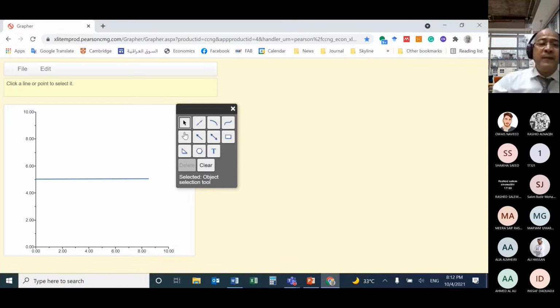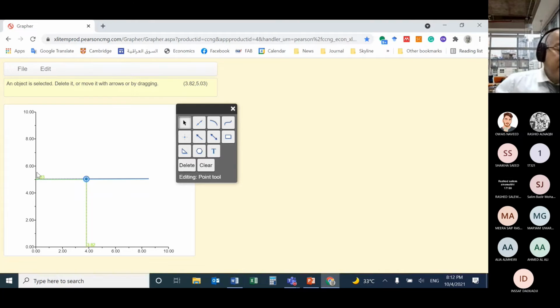At the moment, the price is 5 dirhams and he's facing a quantity demanded of, let's say, 4 units. If he increases the price by 10 fils, the quantity demanded will drop to close to 0. A huge decrease in quantity demanded from a slight increase in the price. So the result will be infinity.